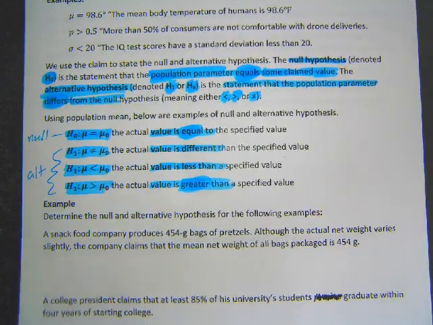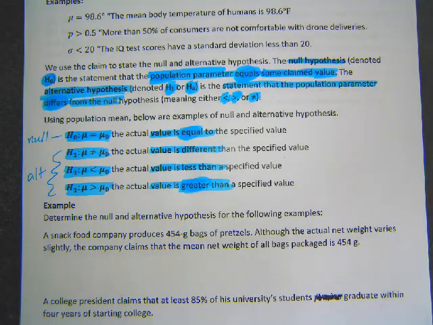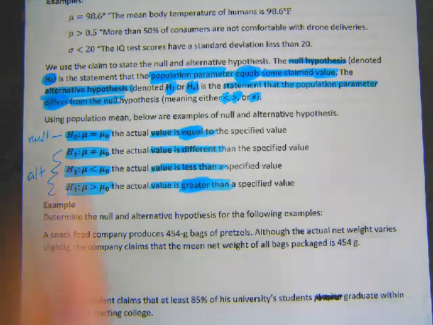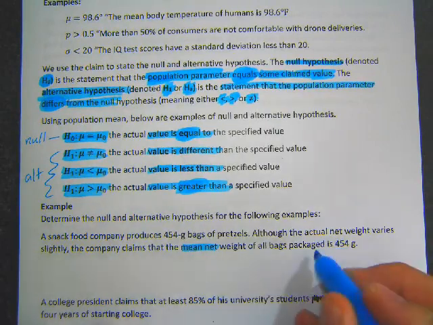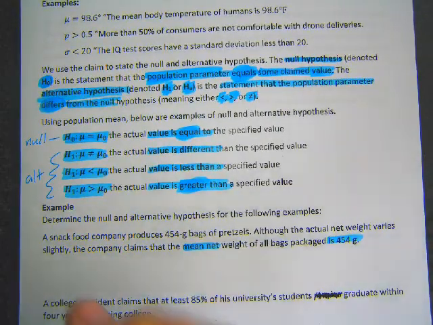So a snack food company produces 454 gram bags of pretzels. The net weight varies slightly, because each bag will be a little bit different. The company claims that the mean, or average, net weight is 454 grams. So first off, our null is pretty straightforward. They said the mean is 454 grams. That is our null in this case.